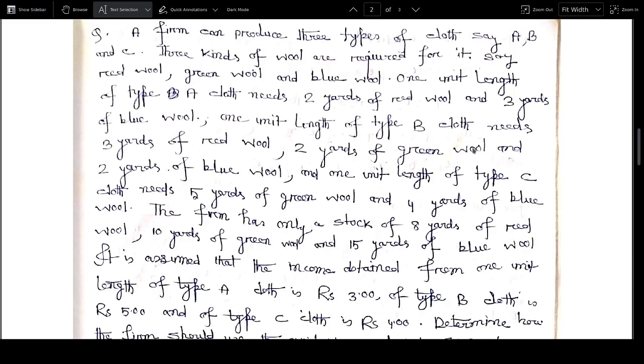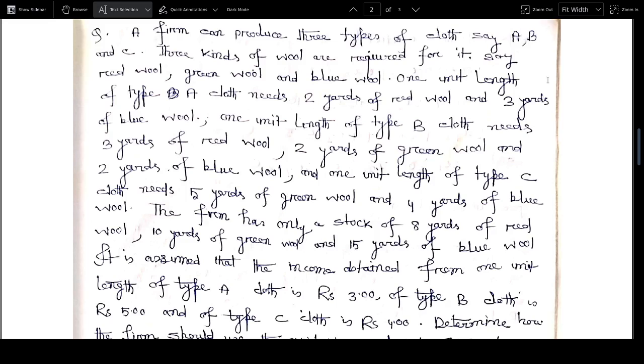Three types of cloth, say A, B and C. Three kinds of wool are required for it, say red wool, green wool and blue wool. 1 unit length of type A cloth needs 2 yards of red wool and 3 yards of blue wool.